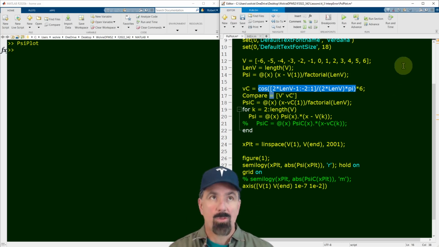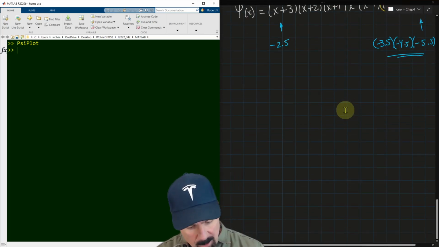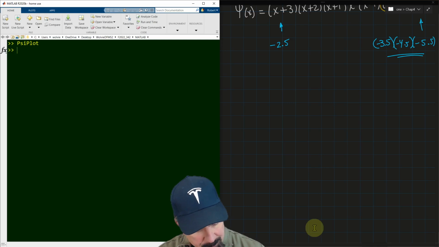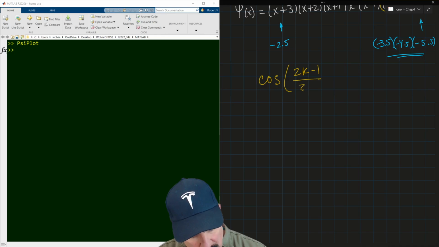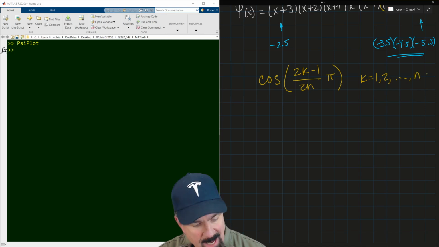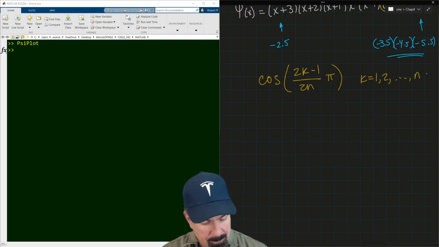And let me just give you the formula for what this is, so you can follow along. So the Chebyshev nodes are found as the cosine of (2k minus 1) over 2n times pi, where k goes from 1 to n, where we have n nodes.